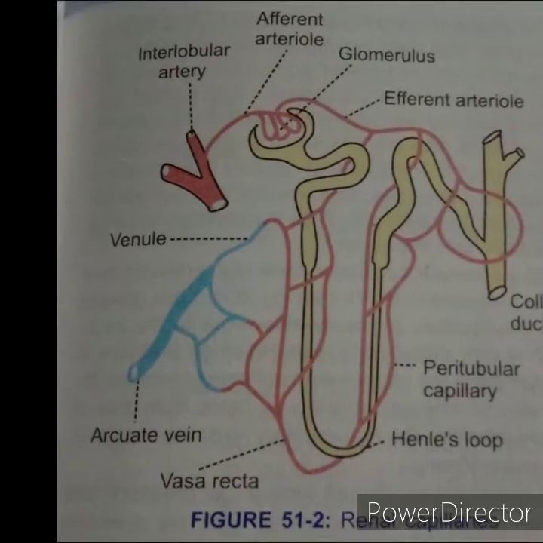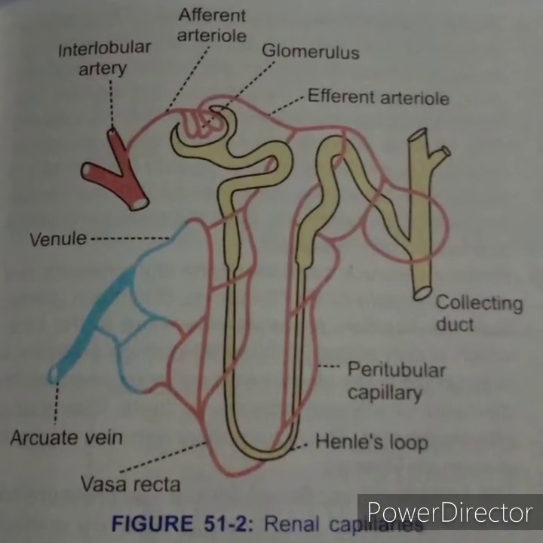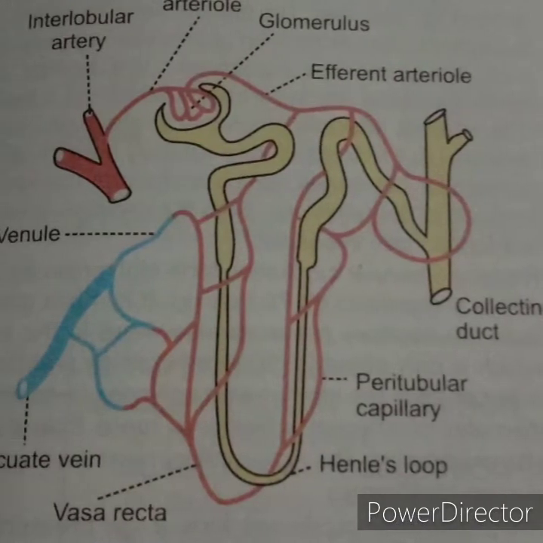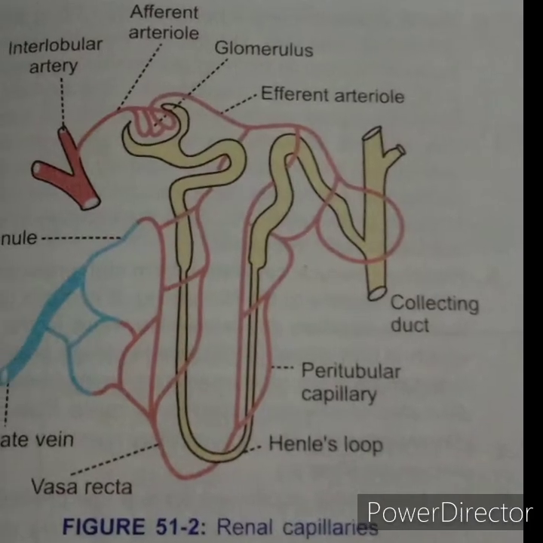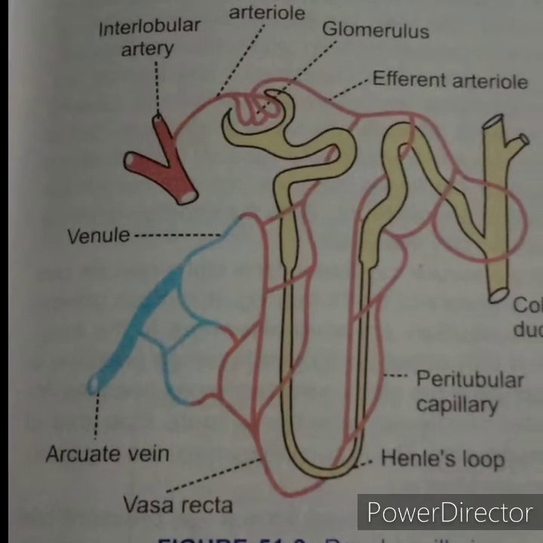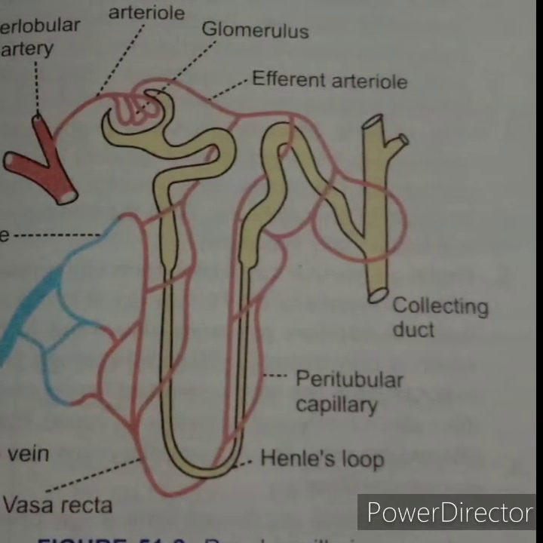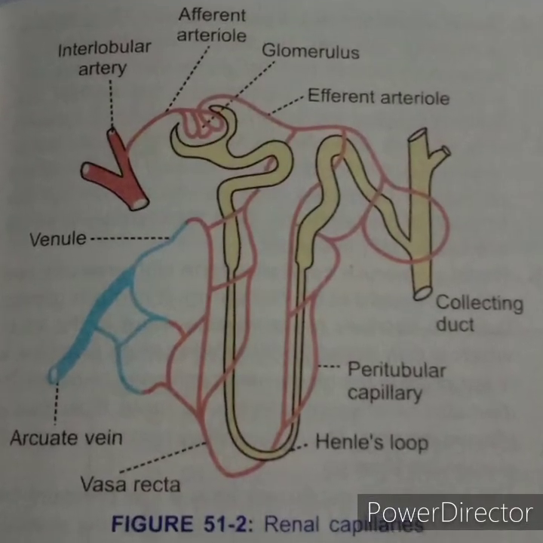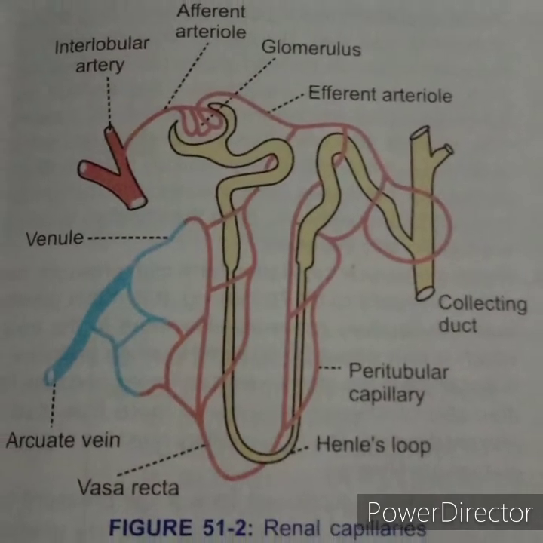The afferent arteriole enters the Bowman capsule, forming glomerular capillary tuft, and the glomerular capillaries unite to form efferent arteriole, which leaves the Bowman capsule. The efferent arteriole gives rise to renal portal system. It forms a second capillary network called peritubular capillaries, which surround the tubular portion of the nephron. Both the capillary systems are functionally important.